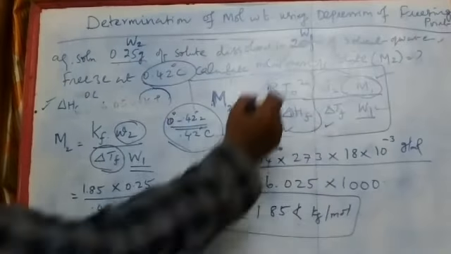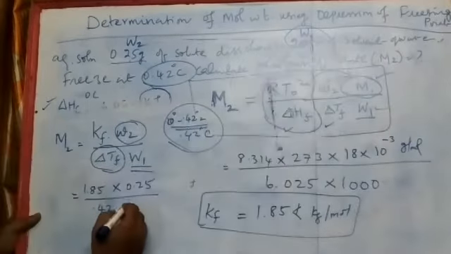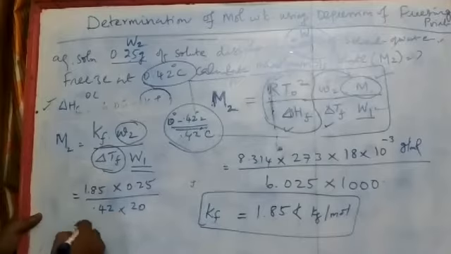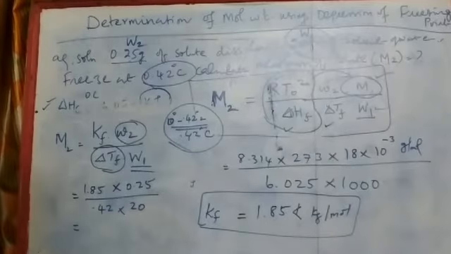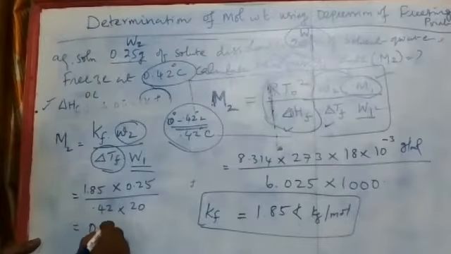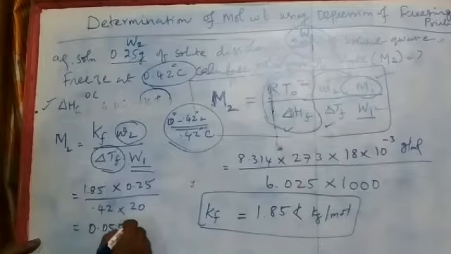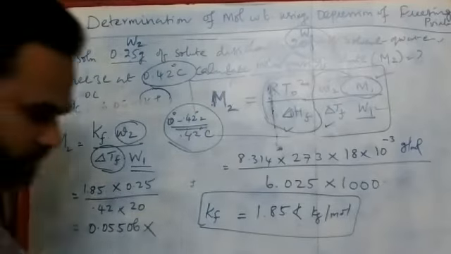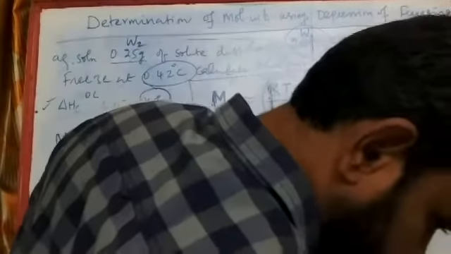What is the weight of the solvent? We have 20 gram of solvent. If you multiply these two, you will get 0.05506 kilogram per mole.